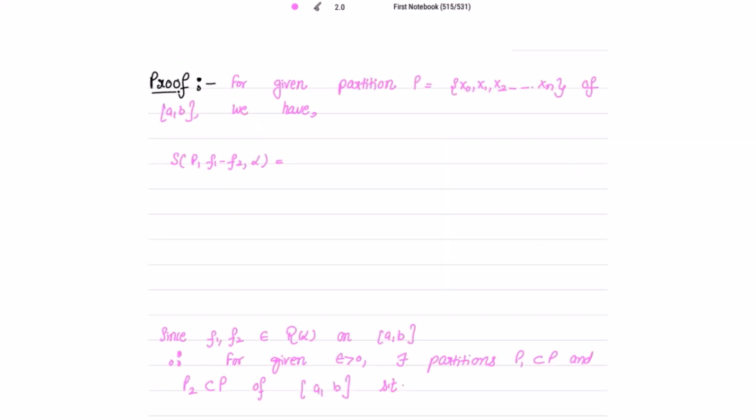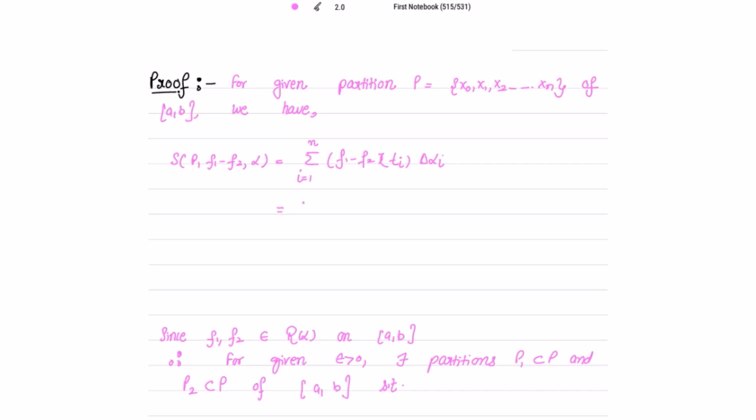Now for any given partition P, x0, x1, x2 up to xn of the closed interval [a, b], we have S(P, f1 minus f2, α). This is equal to, because it is your sum, the summation i going from 1 to n. I'm going to use the result for the summation. Then f1 minus f2, because my function f is f1 minus f2, so in place of f I have used f1 minus f2, into Δα_i.